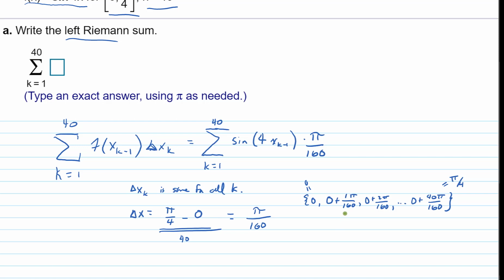So what we'd like to do is talk about how we are getting those values. It looks to me like we're going with this. We could think of this as what the counter is currently at, and then multiplying that by pi over 160. Okay.